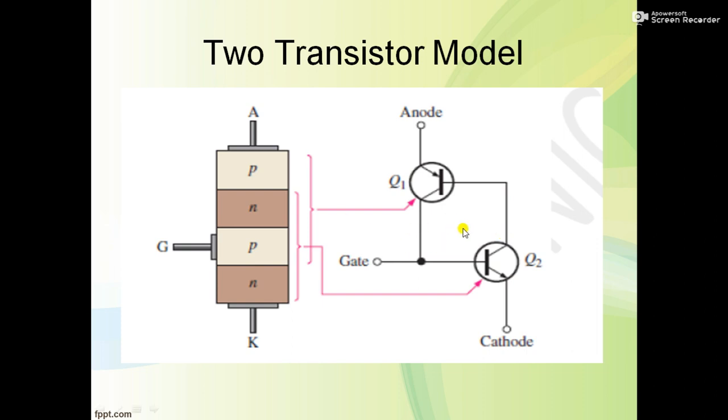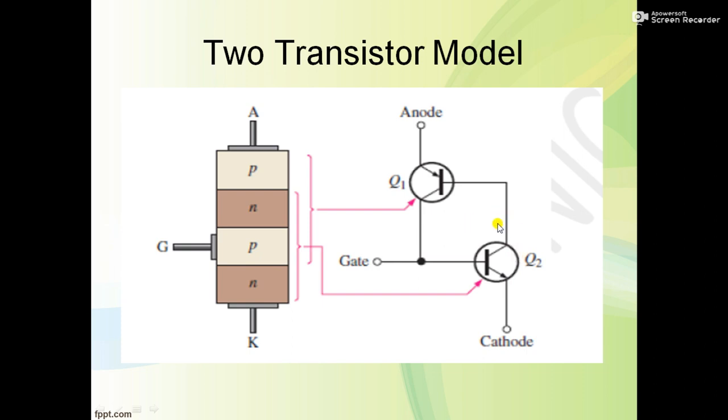So the base current of Q1, IB1, is equal to IC2, which is equal to ICO, the leakage current at the collector terminal of the Q2 transistor.